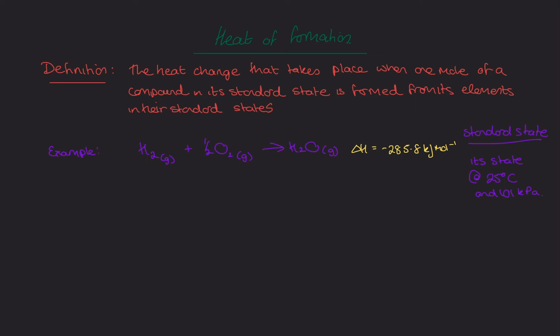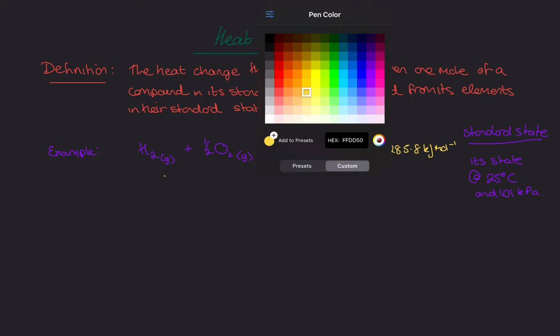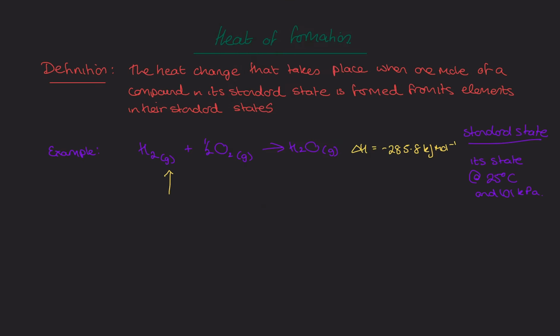It's easy enough. Think about hydrogen gas, or H2. That's a gas at 25 degrees Celsius. So that (g) here represents the state of that molecule. Oxygen is a gas at 25 degrees Celsius.